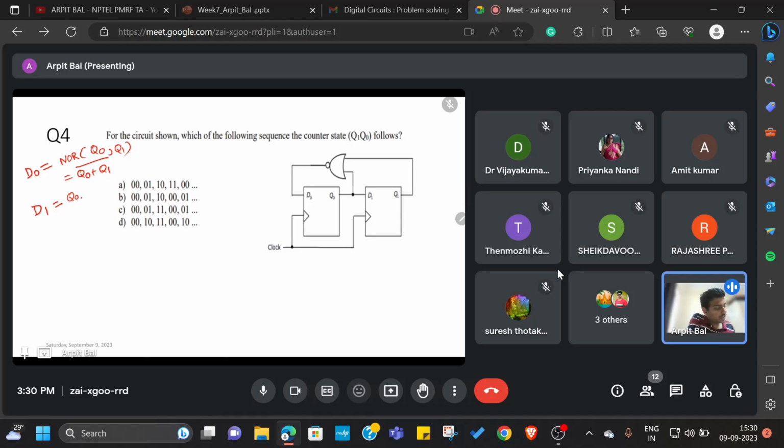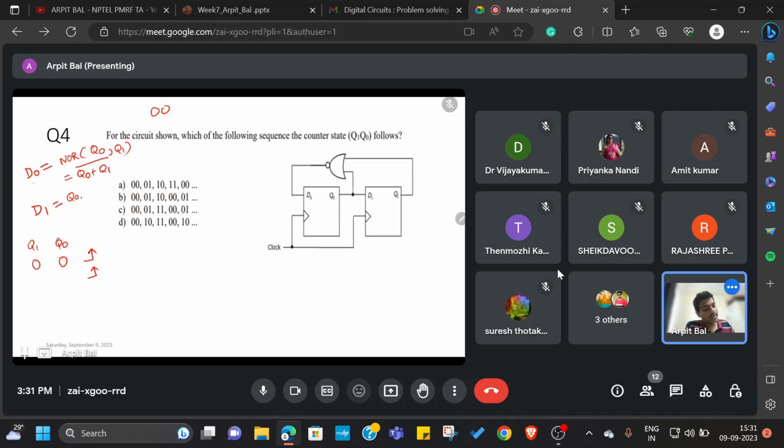So let us assume the initial state. This is important, what assumption you are taking. In most cases, we assume that the initial state is 0 0, unless it is specifically mentioned that this is the initial state from which you need to start the count. So I'm assuming that initially Q1 and Q0 are 0 0. If it is 0 0 in the first clock, what is it going to be in the next clock?